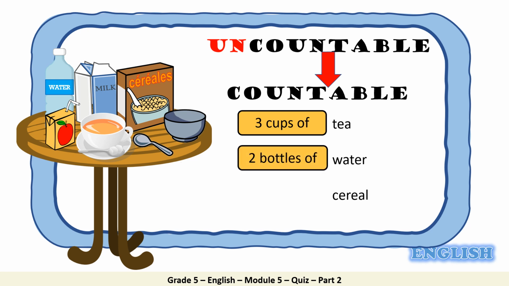What about this word, cereal? How can we make it countable? Can you think of a word that we can use before it? Good job! We can say a bowl of cereal. So, uncountable nouns can become countable if we add a measuring word before it, like in the previous examples.